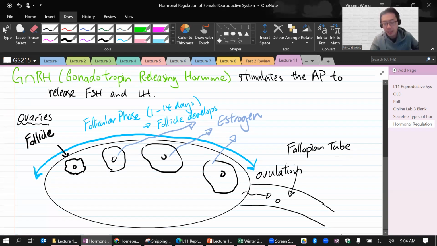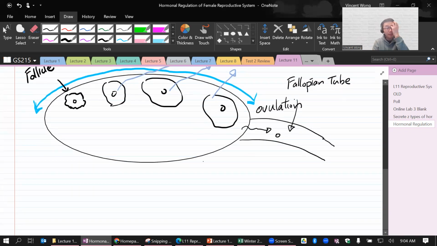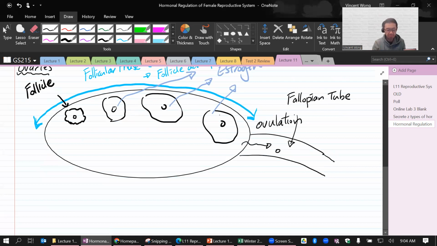Now, after the egg is released into the fallopian tube, after ovulation, there are some left behind tissues from the follicle. The egg is gone. Now I have some left behind material. This is called the corpus luteum.